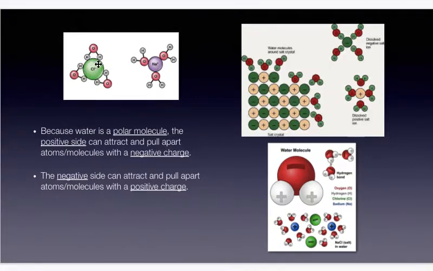So when we're talking about salt, the oxygens get attached to the sodium, and the hydrogens get attached to the chlorine. And so it literally can rip apart those atoms. That's a kind of a cool thing. So almost anything that has even an imbalance of charges can make things dissolve.